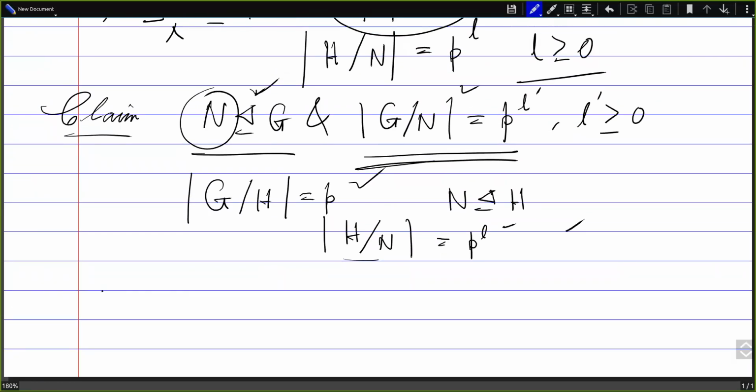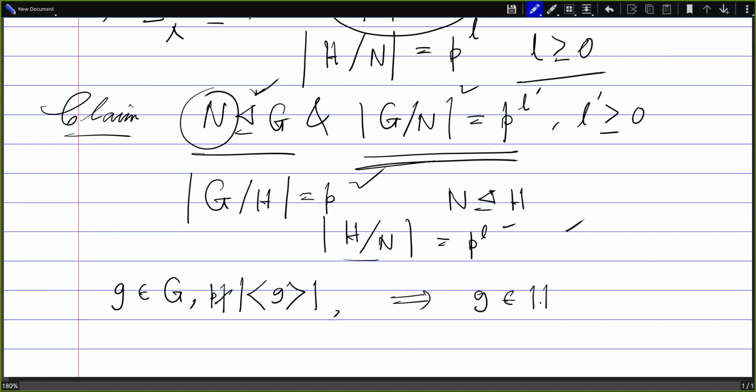So first, for that let's observe that let G be a group element such that order of G is not divisible by P. So a group element whose order is co-prime to P. Then first we claim that G belongs to H. Why? That is quite easy to see.